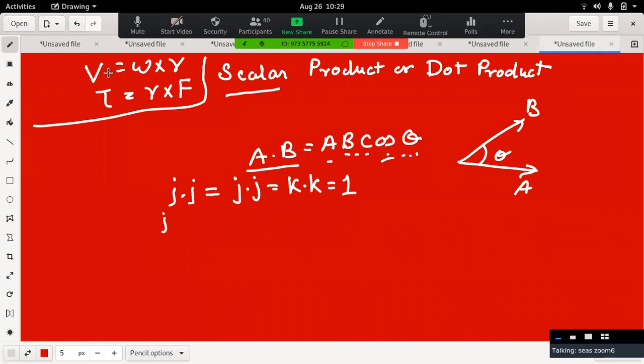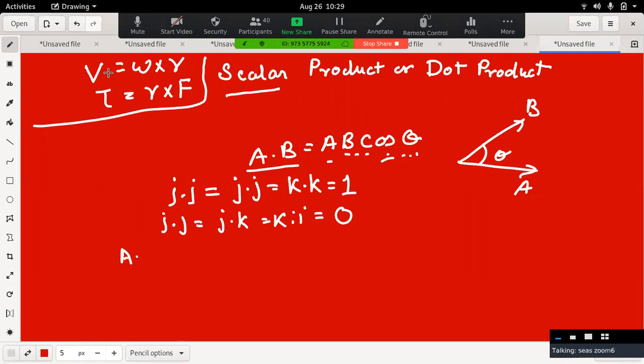Similarly, I dot J, which is also equal to J dot K, which is also equal to K dot I, will become 0 because all these are 90 degrees apart. So cos 90 is 0. So this term also becomes 0.